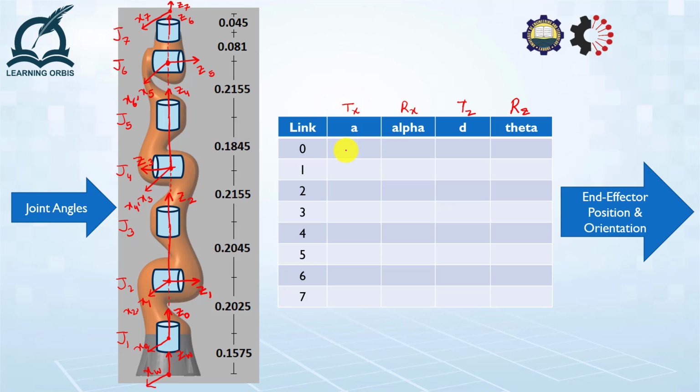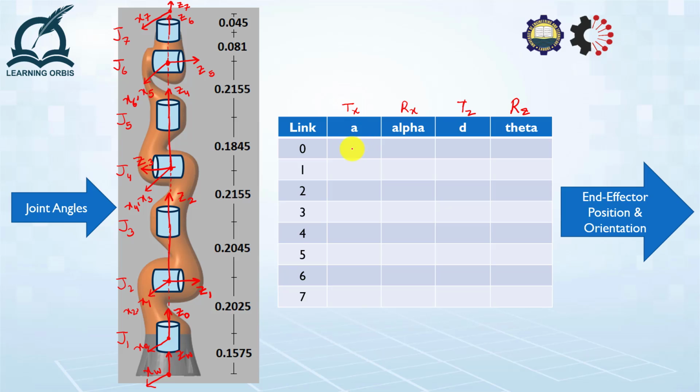So for the very first transition, we need to come to link number 0, or frame number 0. We will start from the world frame and come to frame number 0. What are the 4 parameters, or transitions, that we need? Do we need to translate in the x-axis? No, we don't, because the x-axis is coming out of the board. We don't need to come out of the board.